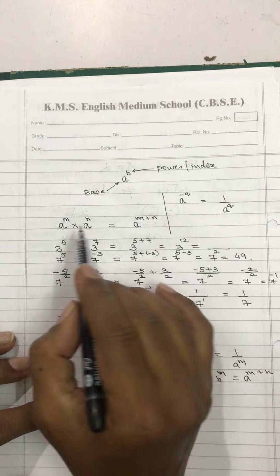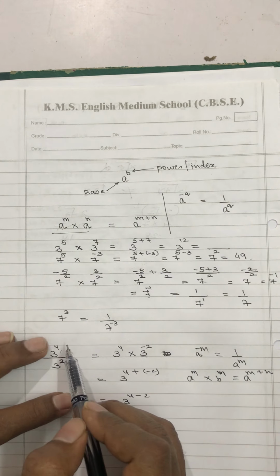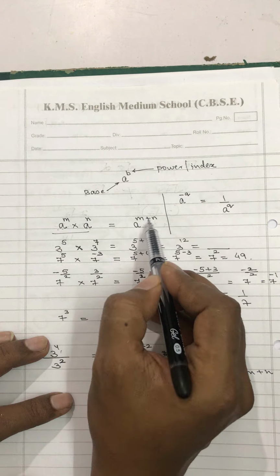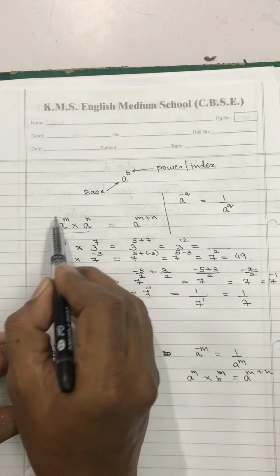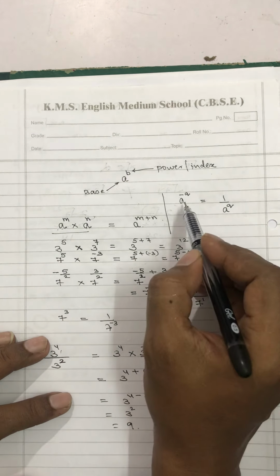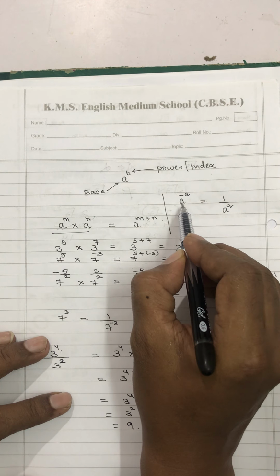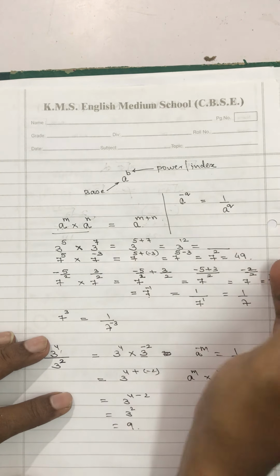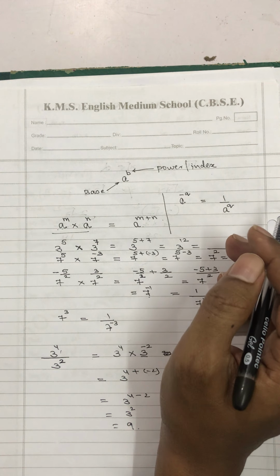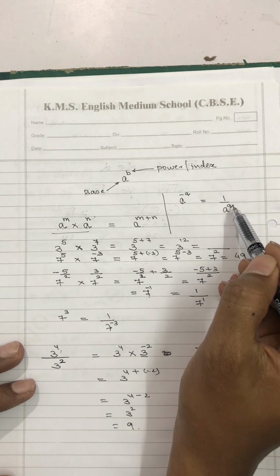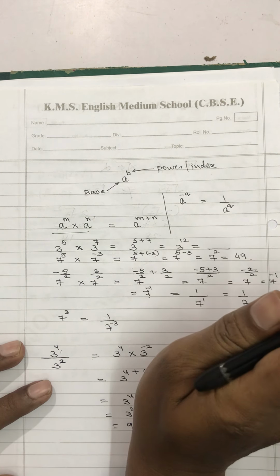So basically we have understood these two rules. A raised to the power of m into a raised to the power of n is going to be equal to a raised to the power of m plus n. When equal bases multiply, the powers add up. And when you change the place of the base from numerator to denominator or from denominator to numerator, the sign of the power changes.